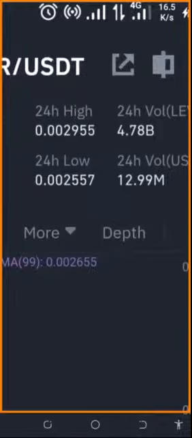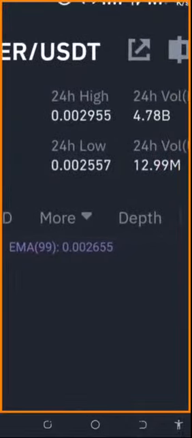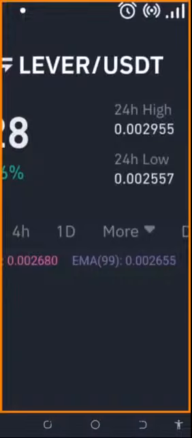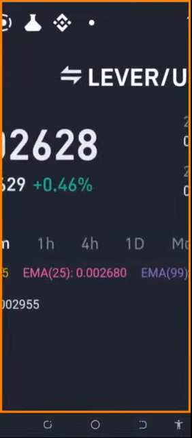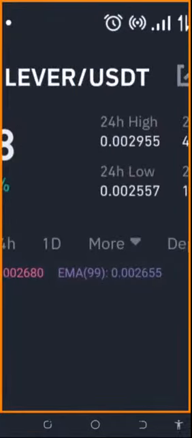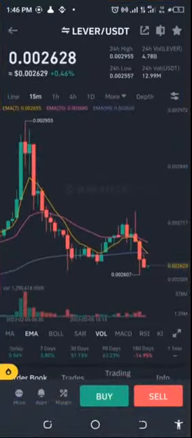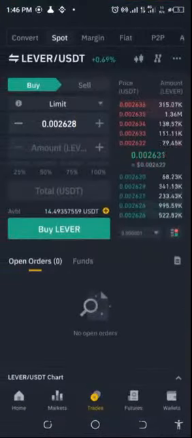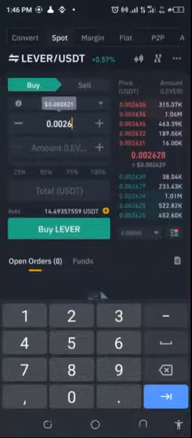We're going to buy at a lower price because the low is 2557. We're not going to go as low as 2557. We'll just go like 2600, maybe 2590, something that way. Let's choose 2590. So I'm going to change this right now to 2590.